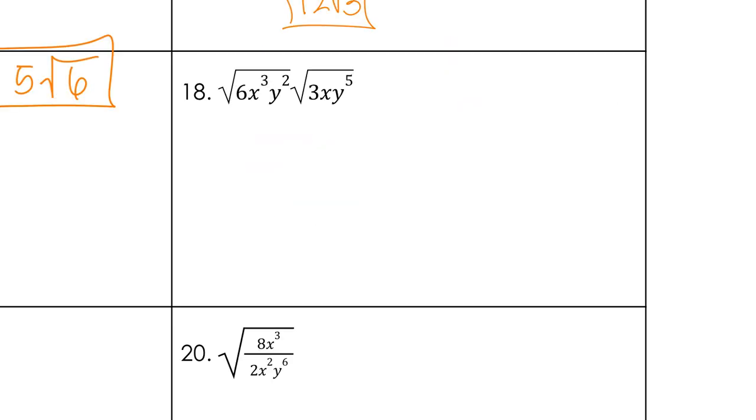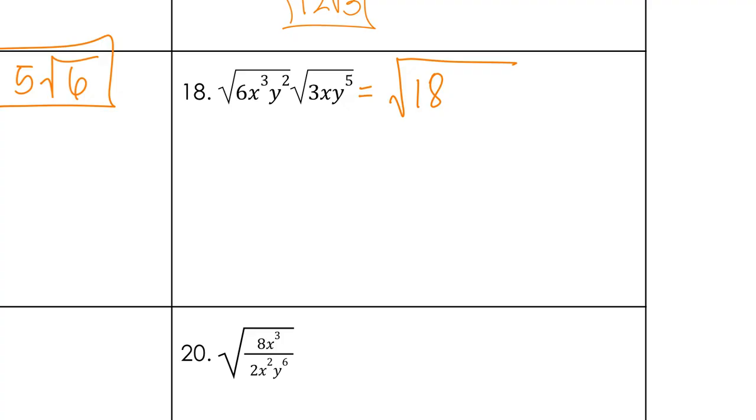Let's do it again with letters, okay? So we're going to multiply first. Are we focused? Yes, ma'am. Are our eyes on the board? I don't see everyone's eyes on the board. Thank you. Okay, so I'm going to multiply first. So 6 times 3, 18, right?